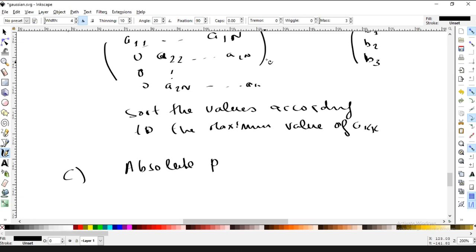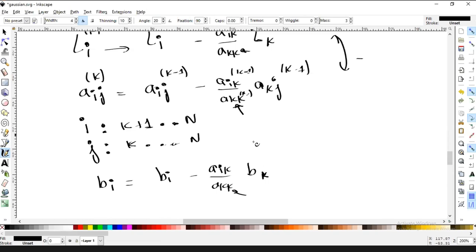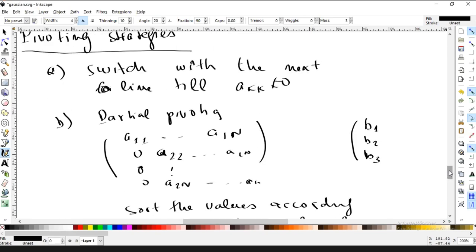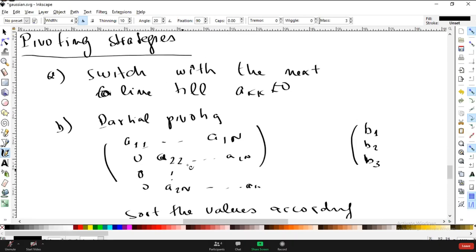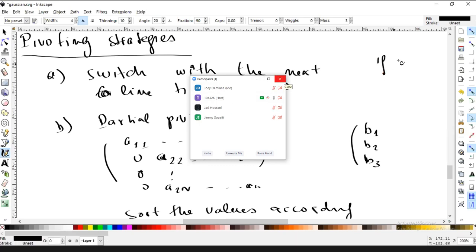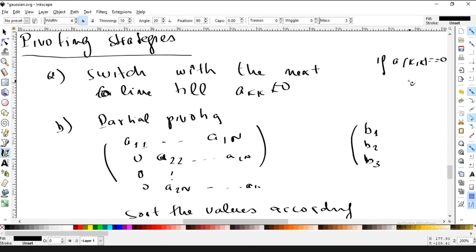Okay, what I was saying is that you need to be assured that this AKK is different than zero. So what you can do is, while you enter the loop on k, you put if AKK is equal to 0, I switch all the line, all the coefficients, with the next line till AKK is different than 0.